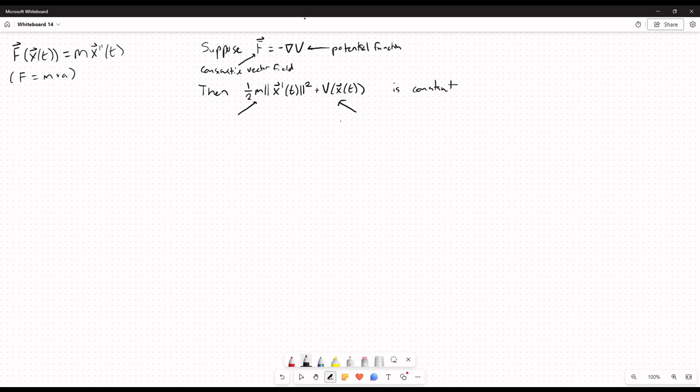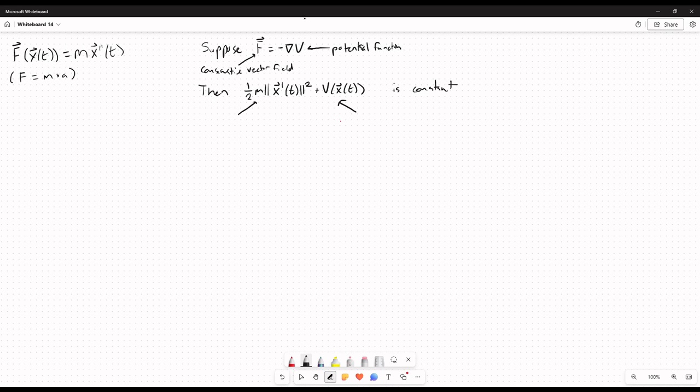So, in other words, if you compose the potential function with those flow lines, you're going to get a decreasing function. And that's actually the result of one of the homework problems in the text. So, we have F is the negative gradient of some potential function v, and we want to show this idea of conservation of energy.